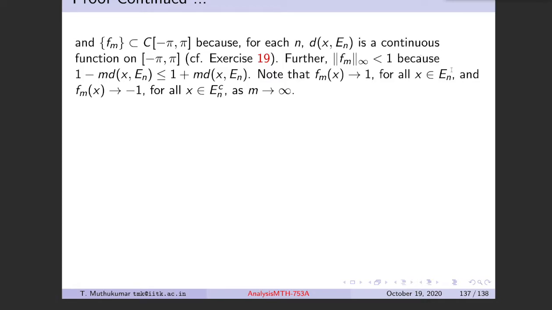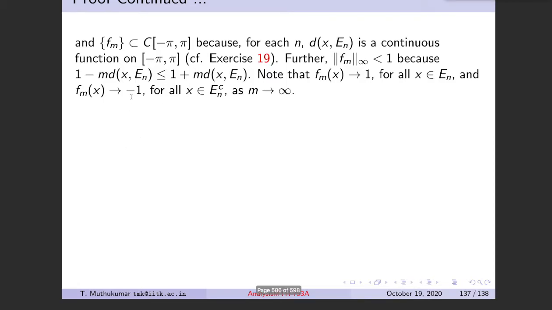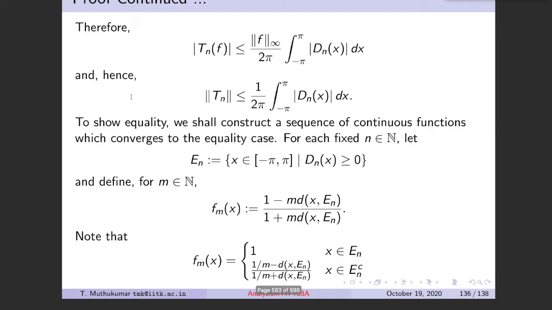And for all x belonging to En, because the value is always 1, Fm x converges to 1. And when x is in En complement, it always converges to the value minus 1. You can verify that immediately from the form 1 over m minus d, over 1 over m plus d.